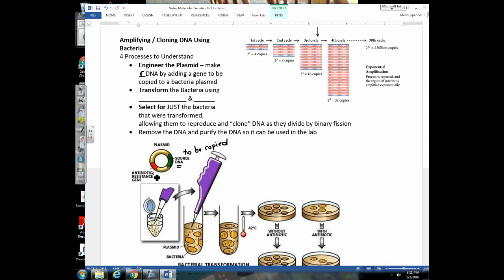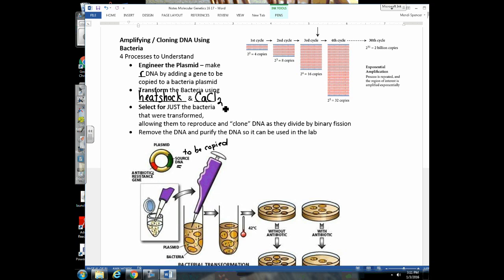The next process to understand is how we can transform the bacteria. We've already talked about transformation, and we're going to do this in the Pico lab. We're going to heat shock. That is one transformation method, and we're also going to use a chemical, calcium chloride, that makes the bacteria cell membrane more permeable.